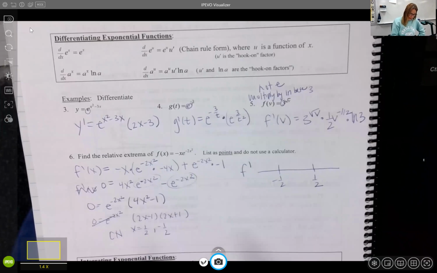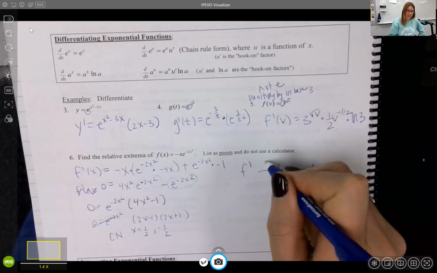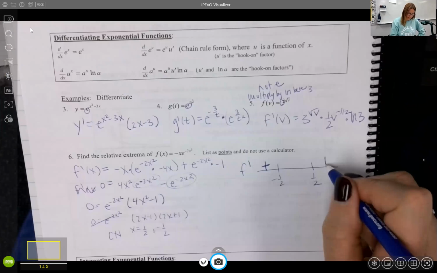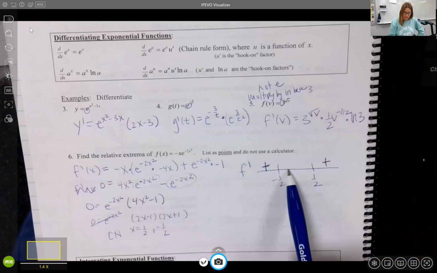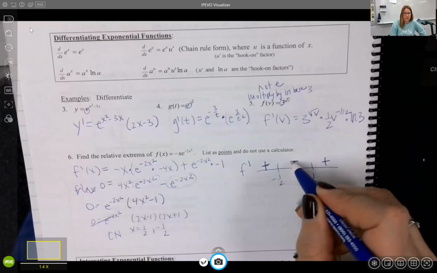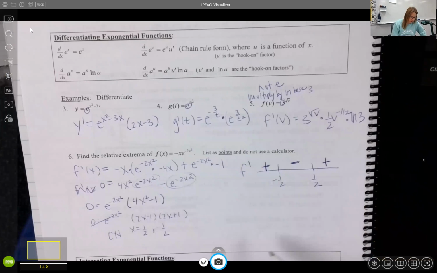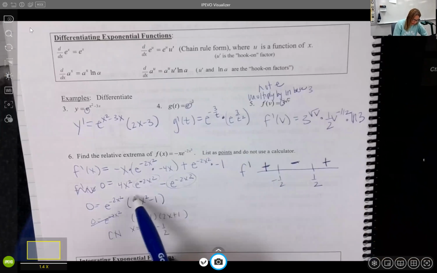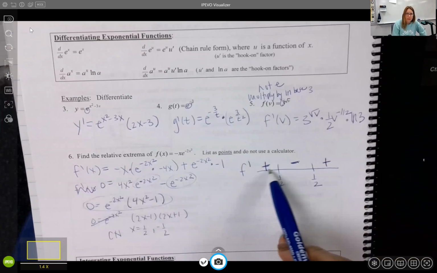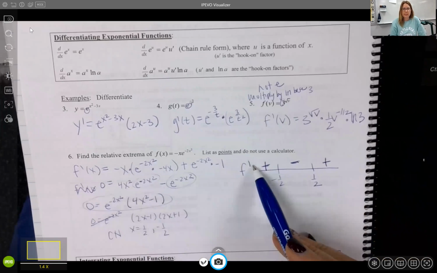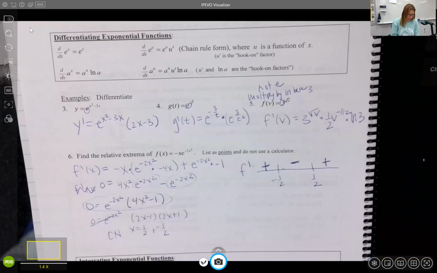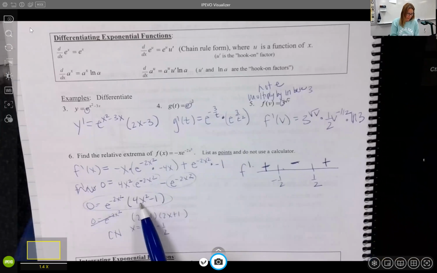So anything less than negative 1/2 is going to stay positive, and same with greater than 1/2. But if I do a number in the middle, I get a negative. You just get that by plugging in numbers. I just looked at this and substituted a value in between here and here to see if I'd get a positive or a negative. So if I get a number less than 1, then it's going to be negative, because 1 minus 1 would be a negative number if it was less than 1. That's how I figured that out.